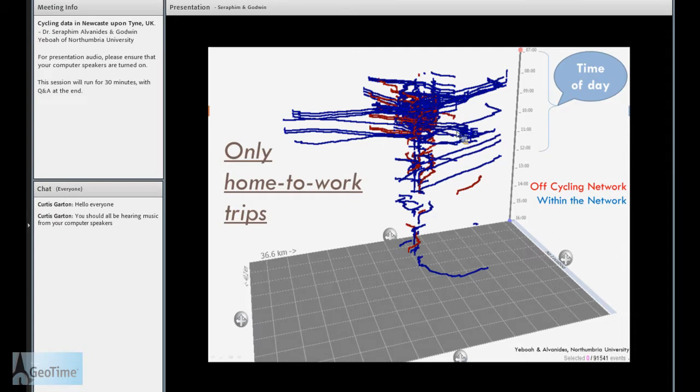So for long distances, people tend to prefer the safety of the cycling network, but for some areas within the city, shorter trips, shorter distances, they go off the network, maybe because the network is not adequate, or it's not the fastest way or the most straightforward way to connect the origin and destination.